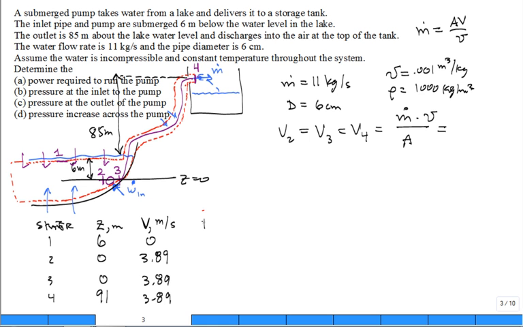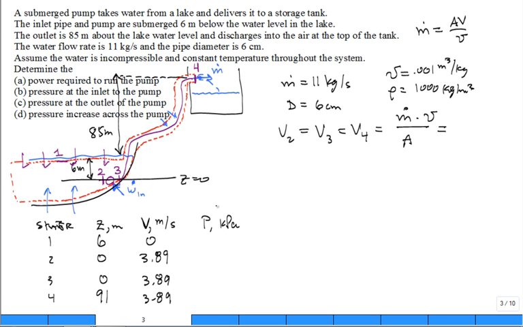Okay. Pressure. What would be some good units for pressure? Pascal? Kilopascal? Let's put kilopascal if we like to work in kilopascal. That's great. What would be the pressure at state 1? 0 gauge or 1 ATM? We could solve the whole problem in gauge, or we could solve the whole problem in absolute.